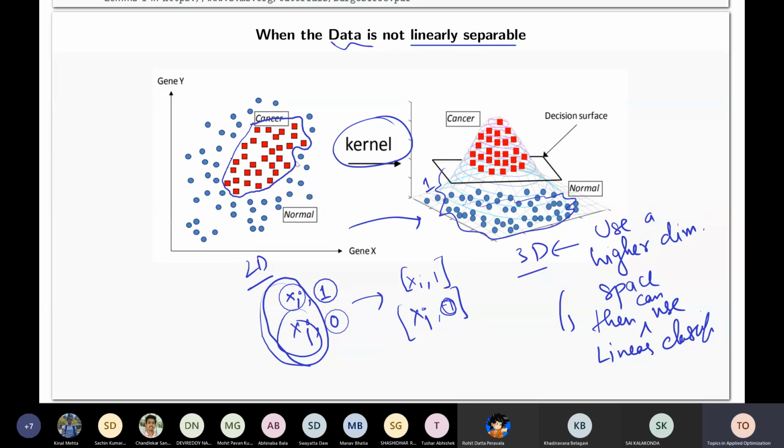If I have one more class, let us say something like that, then you may use, let us say, 4D. You may increase the dimension by 1 more, and using that you may push one class to 1, put one to 0, and put another one which belongs to the other class, let us say it is k, to let us say -1.